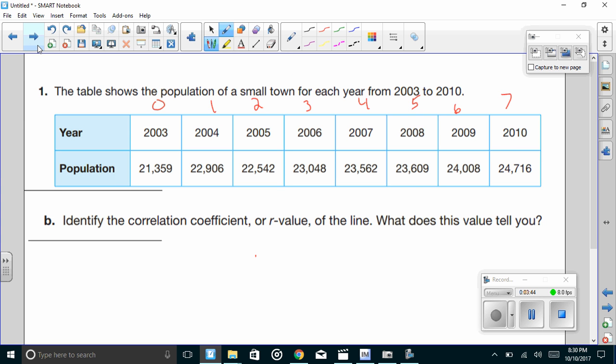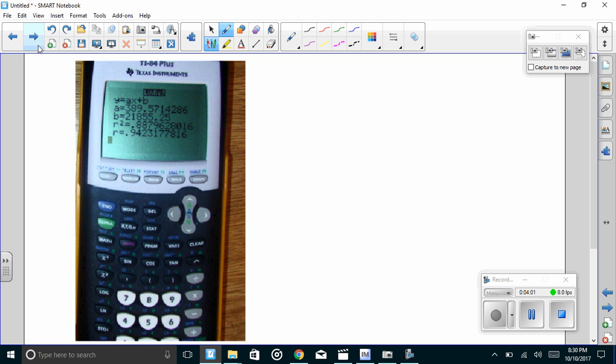Okay, now the next thing we want to do is actually find the correlation coefficient and tell what that means. Well, remember I mentioned that R, that's the correlation coefficient. So let me show you that on the calculator again here. Right there, that 0.9423, that's your correlation coefficient.